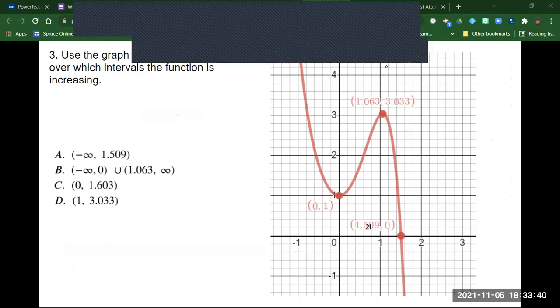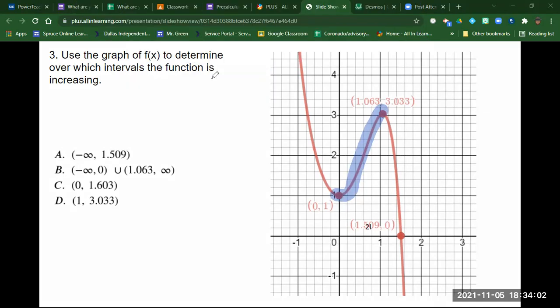Use the graph of f of x to determine over which intervals the function is increasing. So let's look at where the function is going up. Here's where the function is increasing. It starts right here and it goes up to about right there. You're going to look at the x values for the interval.